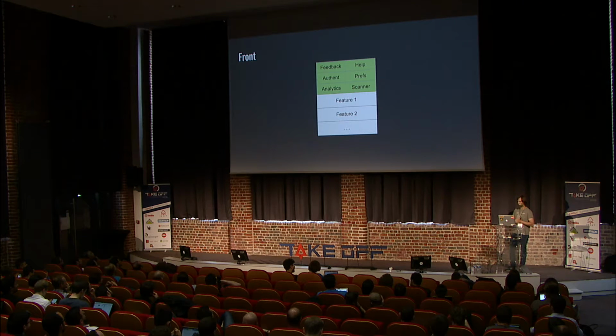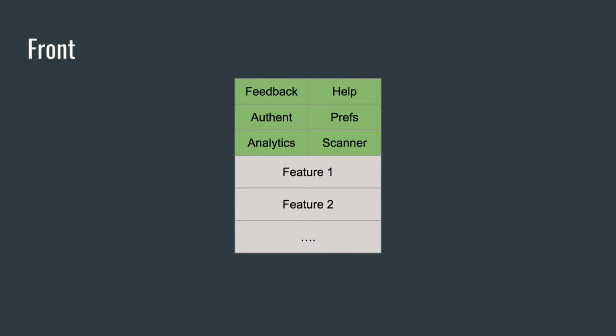So that's the main brick of our Android application in our team. We have some features in it, all packaged in the same application. And we also have some bricks that are reused in the other applications, and that could be done in a better way.